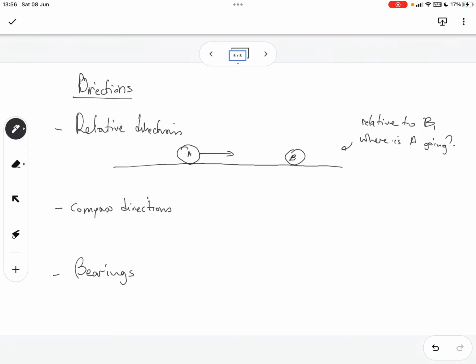But in this case, it just means relative to B, where is A going? And in this case, B, A according to the arrowhead.